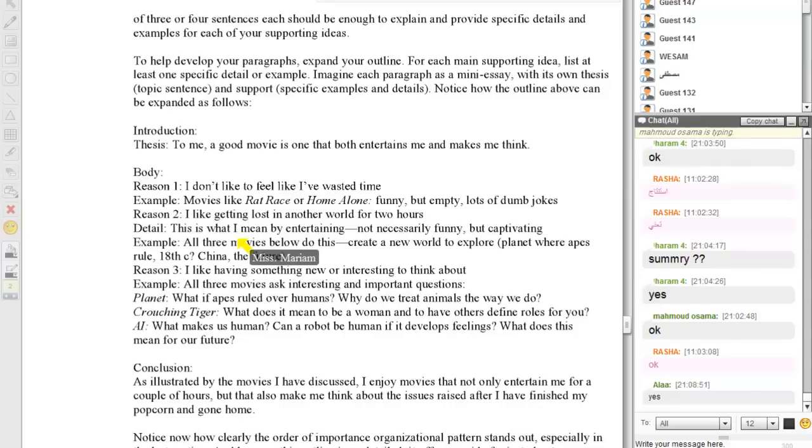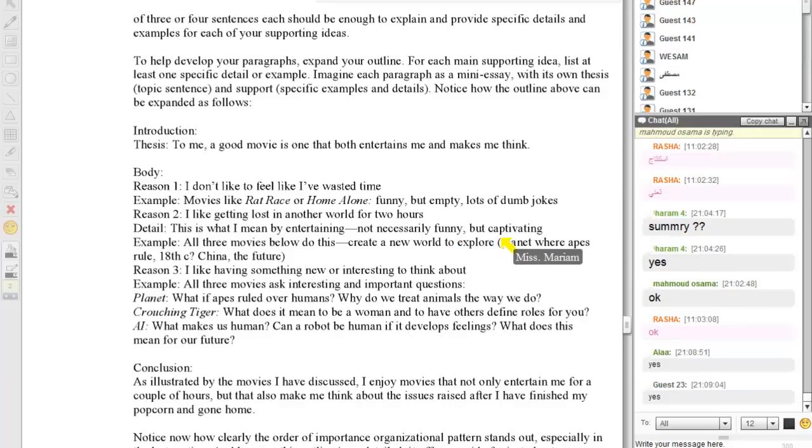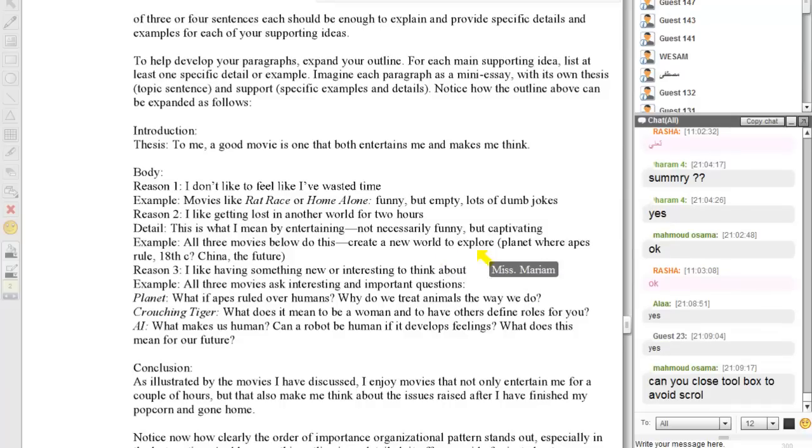Reason 2: I like getting lost in another world. This is what I mean by entertaining, not necessarily, but captivating. Something that would attract my attention. All three movies below do this, and you are going to state the names of the movies.